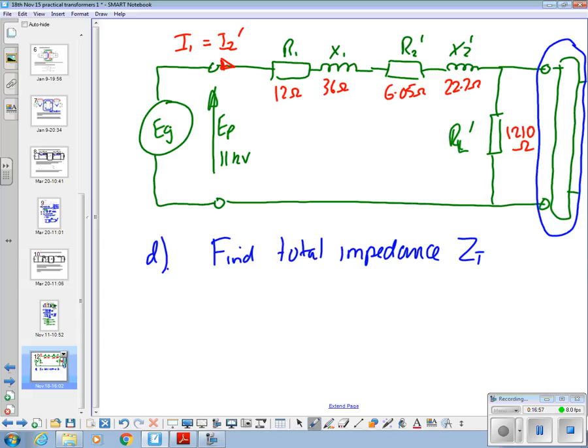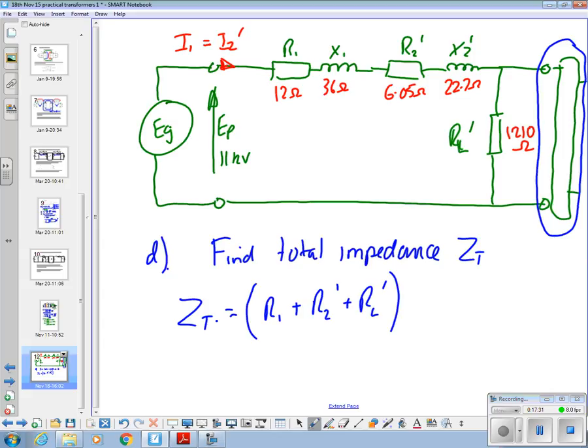It's going to be complex. So it's going to have a resistive component made up of these three resistors in series. So it's going to equal R1 plus R2 dash plus RL dash as its in-phase component.